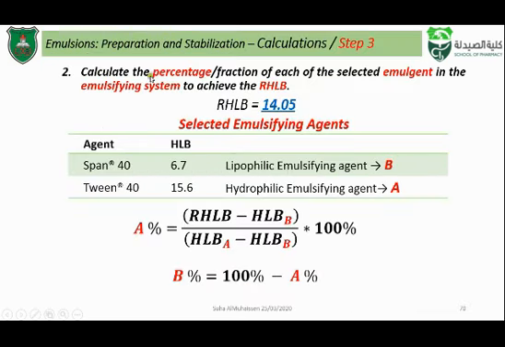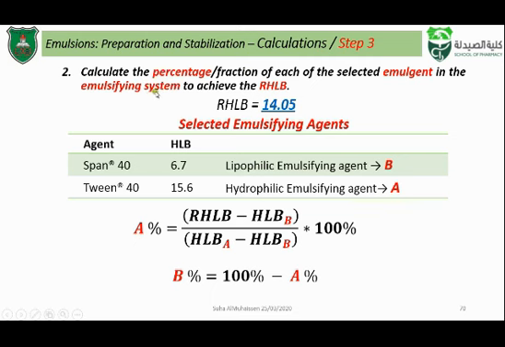Now, how do we calculate the contribution, the percentage, the fraction of the selected emulsifying agents? Of these two, we agreed that they fit our requirement in the emulsifying system.